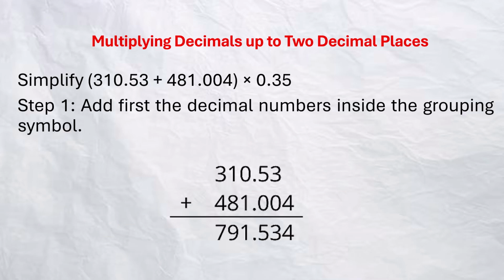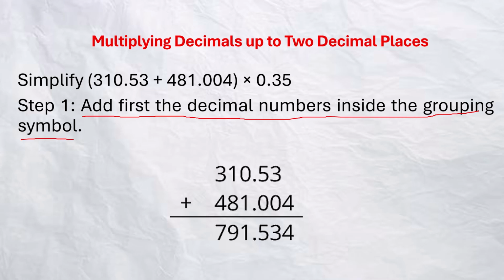Next, let us simplify the grouping of 310.53 plus 481.004 times 0.35. As you can see, we have two operations here. The first is addition and the other one is multiplication. So we have to add first the decimal numbers inside the grouping symbol.